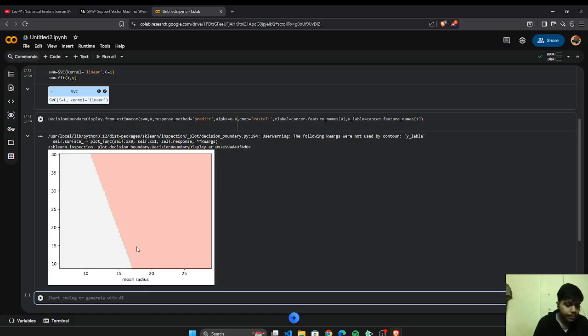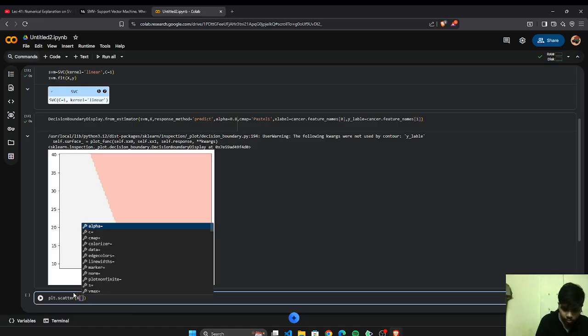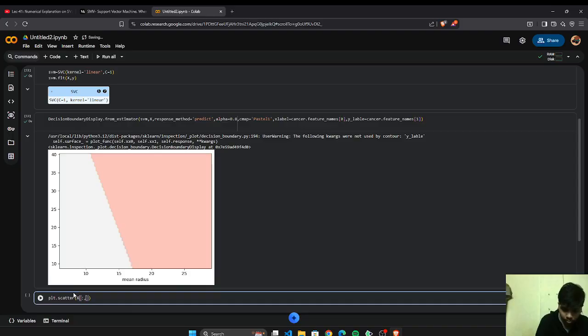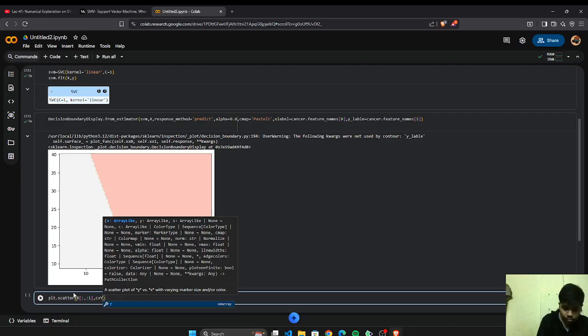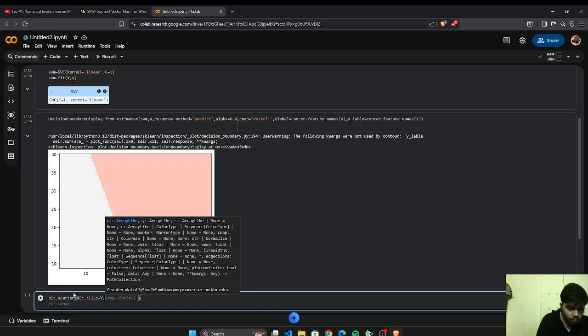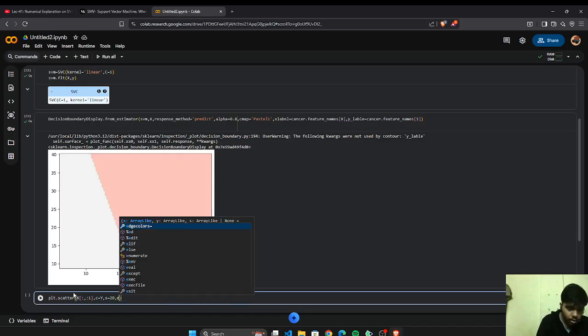Let's plot the data, plt.scatter, x, and the color.